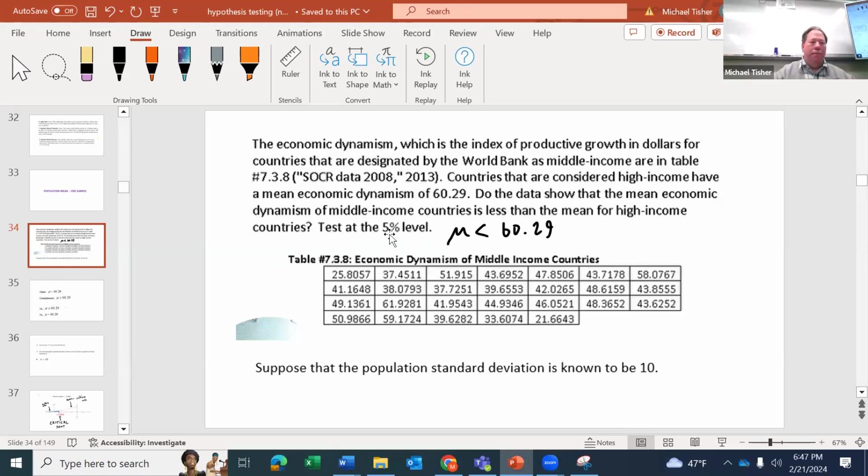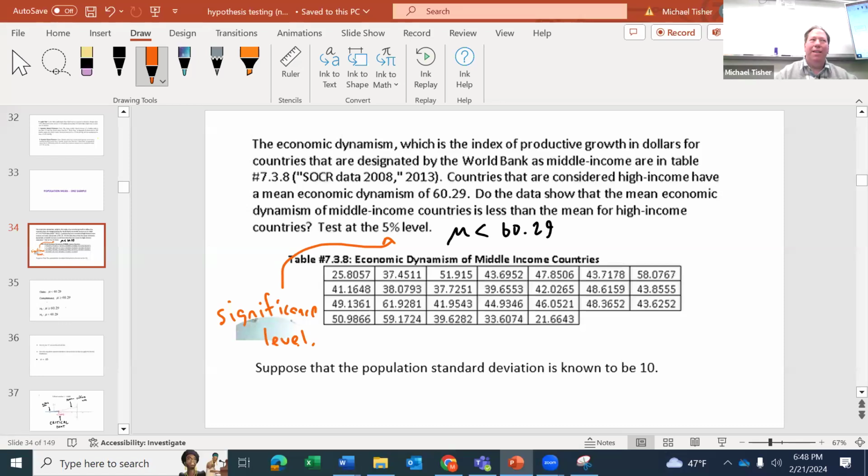This level is actually called the significance level. What's the lowest possible level?